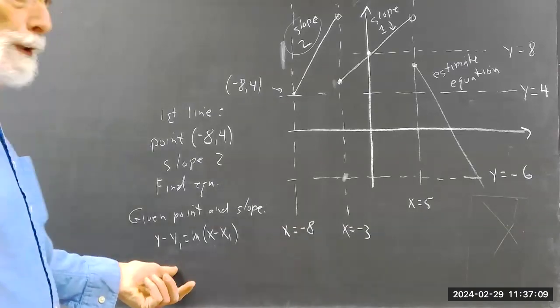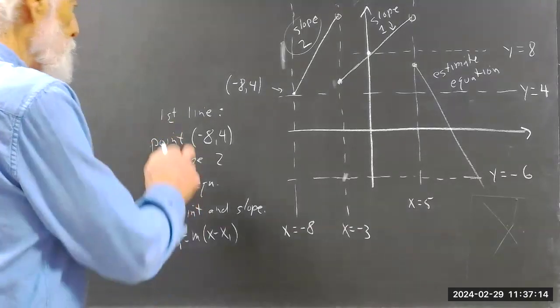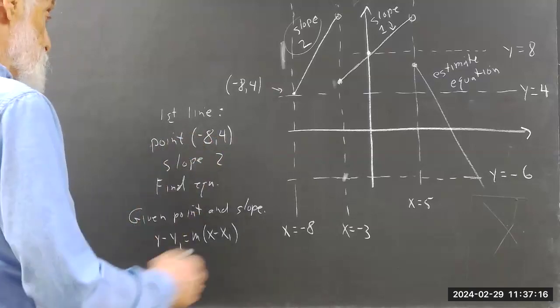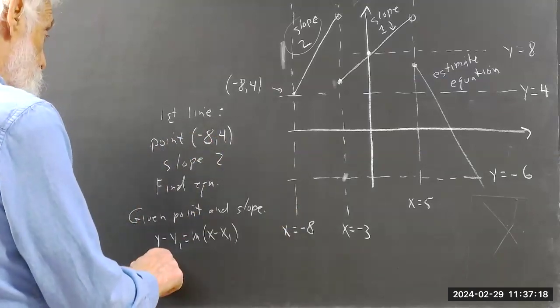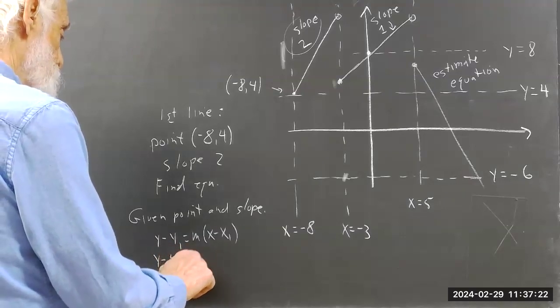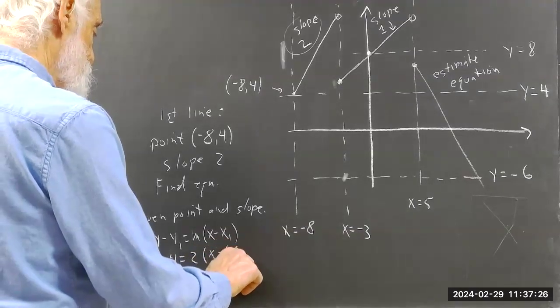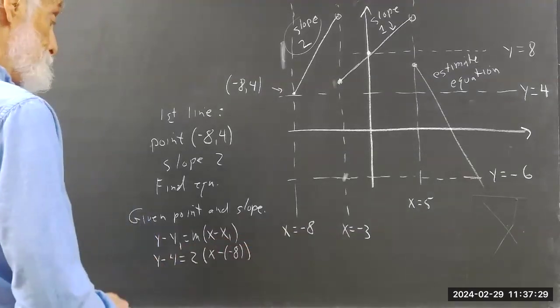So you have this. That's how you find the equation. And this is your x1, y1. That's your slope. So you get y minus 4 equals 2 times x minus -8.